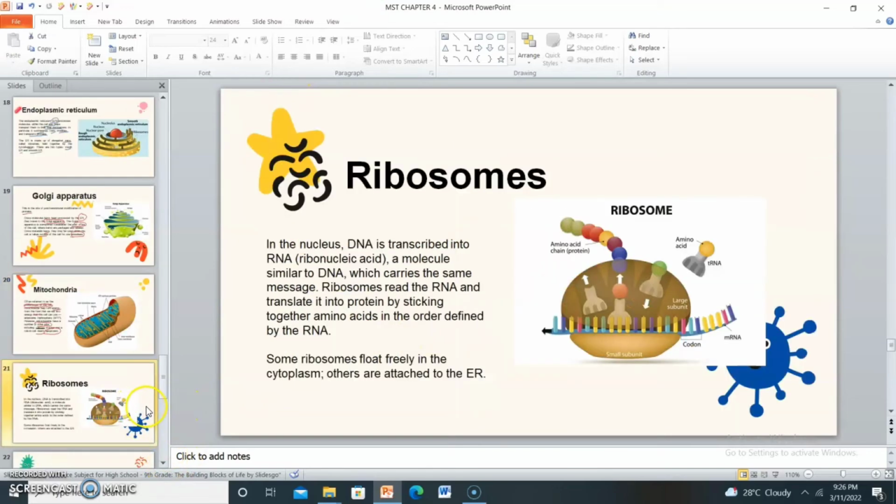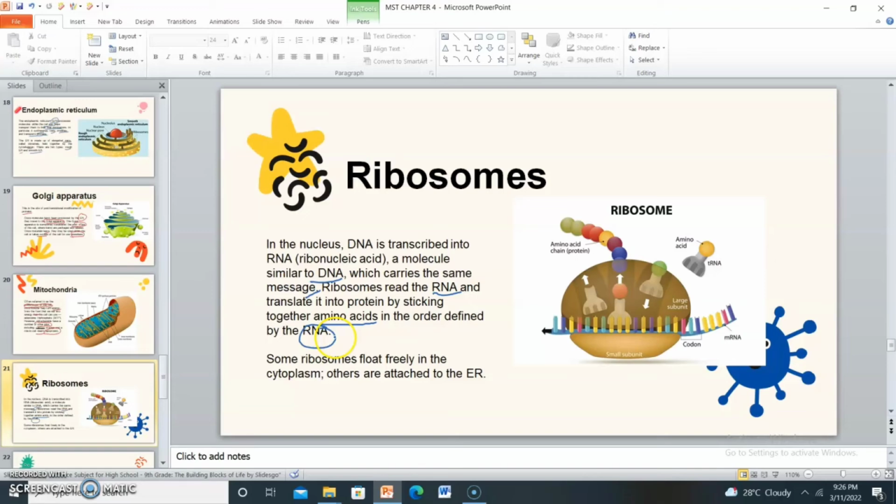And the next one is ribosomes. In the nucleus, DNA is transcribed into RNA, or ribonucleic acid, a molecule similar to DNA which carries the same message. Ribosomes read the RNA and translate it into protein by sticking together amino acids in the order defined by the RNA.